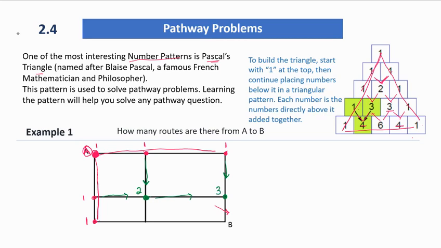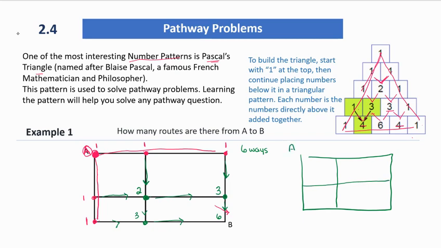And for here, a 1 and a 2 make a 3, and then a 3 and a 3 make a 6. So there are 6 ways that we can get from A to B.